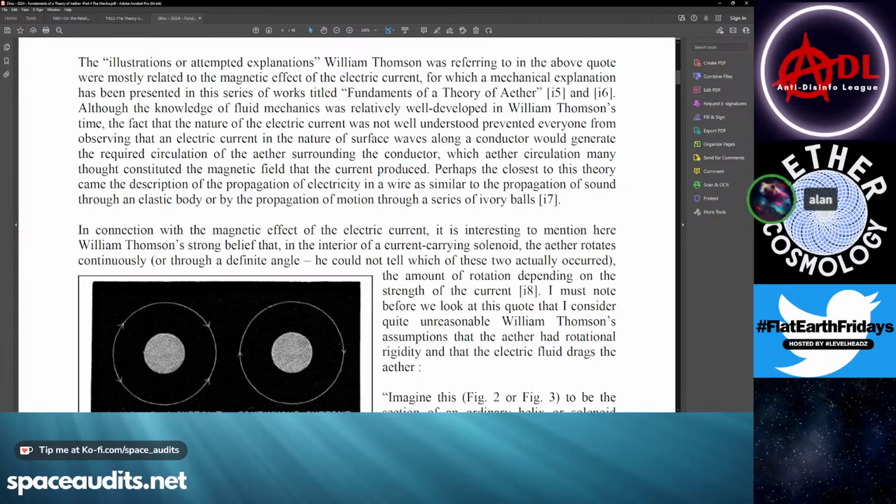Perhaps the closest to the theory came the description of propagation of electricity in a wire as similar to the propagation of sound through an elastic body, or by the propagation of motion throughout a series of ivory balls.